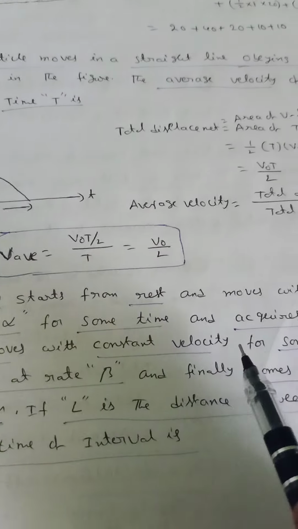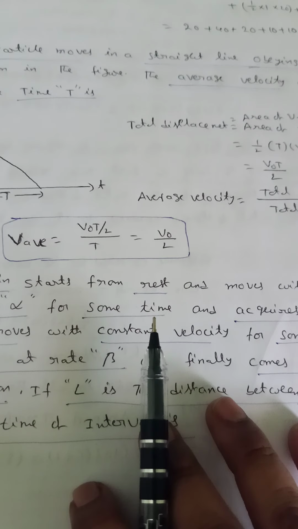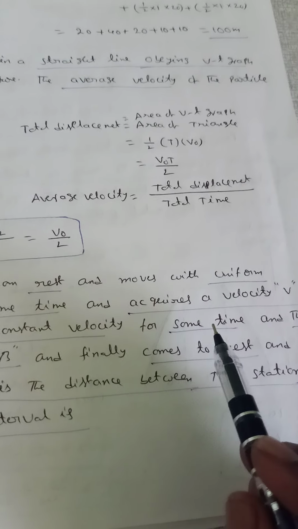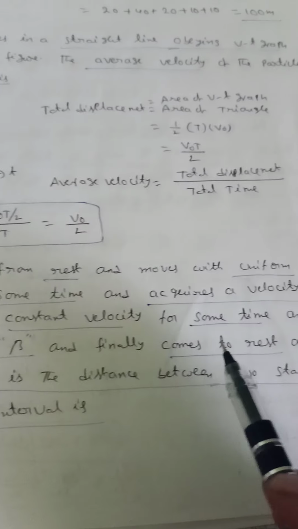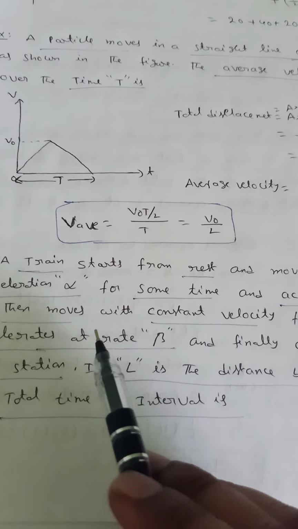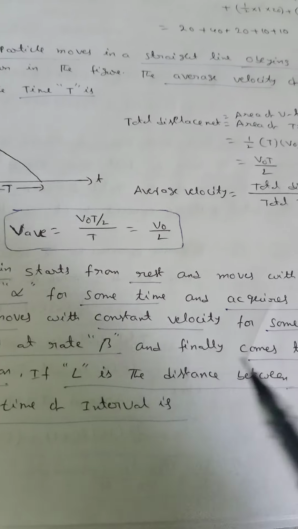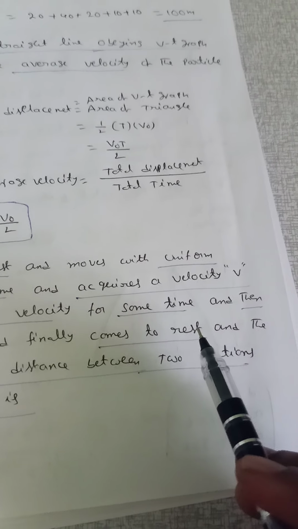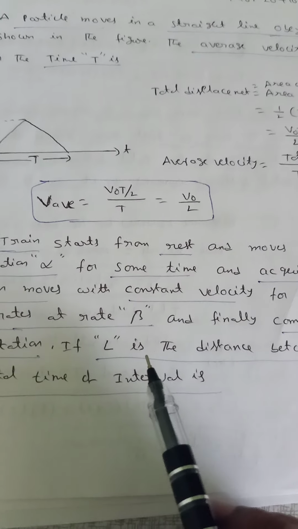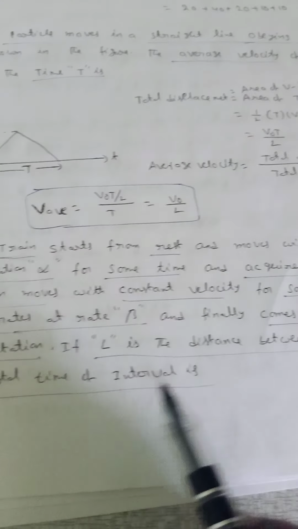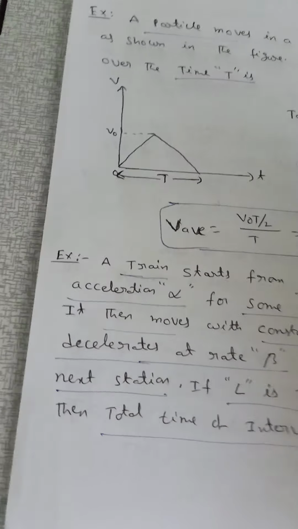It then moves with a constant velocity, meaning acceleration 0, for some unknown time t2, and then decelerates at rate b, finally coming to rest. Deceleration, or retardation, means negative acceleration, and the particle finally comes to rest. This time is given as t3. If L is the distance between the two stations, find the total time interval. This is a very important model.